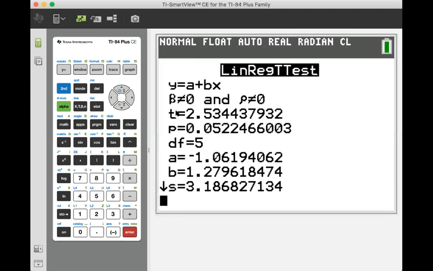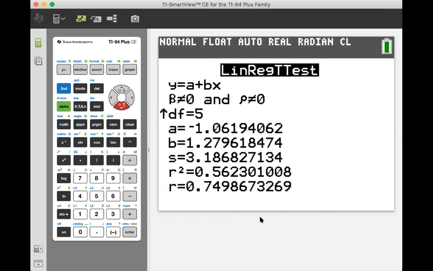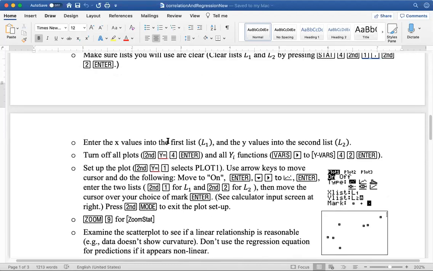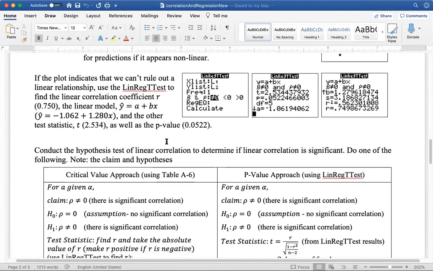The important things are the test statistic T, the p-value, which you'll use to determine if there is significant linear correlation, A and B, which is the model, and finally, R. So those 5 things: test statistic T, p-value, A and B for the model, and R. Anyway, that's how you're going to input data into the LinRegTTest.